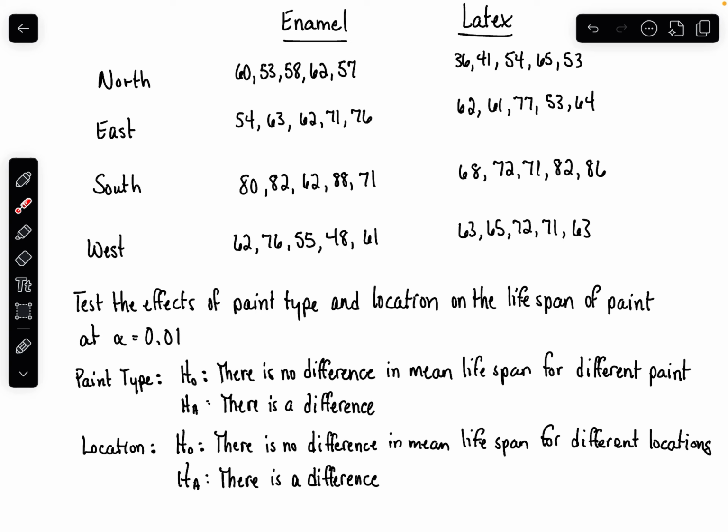We get the same thing when we look at it by location. If we look at the longevity in the north compared to, say, the longevity in the south, we definitely see, unarguably, much larger values in the south than we do in the north.